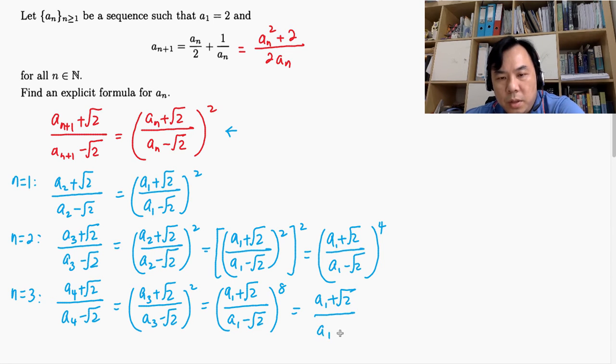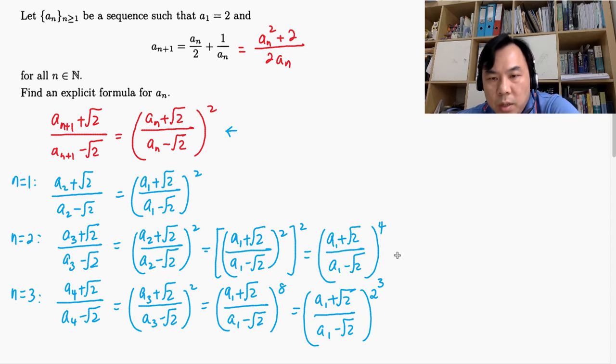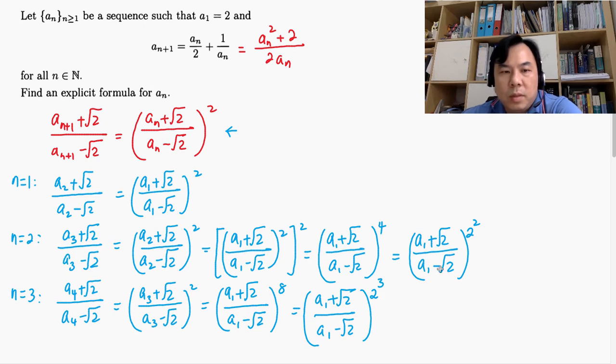So I can see a pattern now at this point. So the pattern will be 2 raised to the power of 3 here, since n is equal to 3. This one I can also write down based on the pattern that I can recognize here. So that is like 2 to the power of 2 now, since n is equal to 2, right?